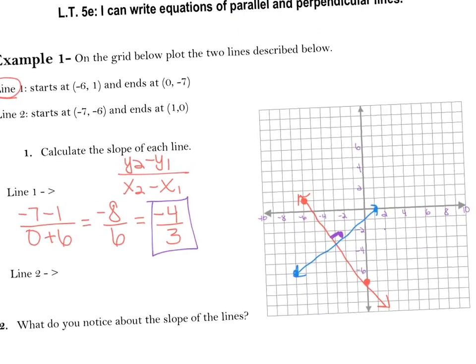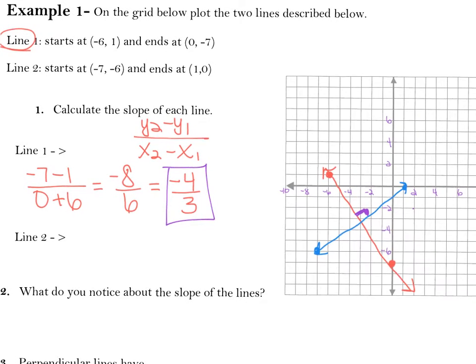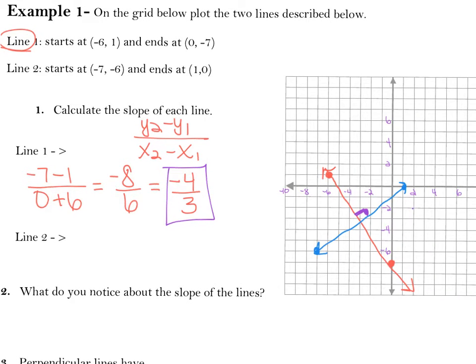And now I'm going to do the same thing, but I'm going to use line number 2's ordered pairs. So for line number 2, I'm going to use 0 minus negative 6, so that became a plus there, and 1 minus negative 7, and that's how I got a plus 7, because two negatives make a positive.